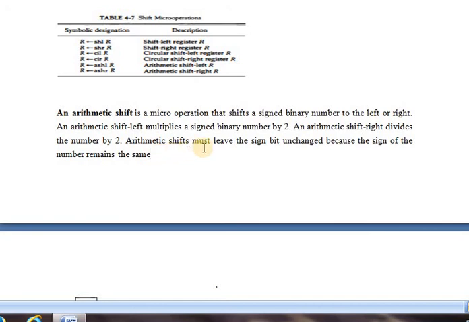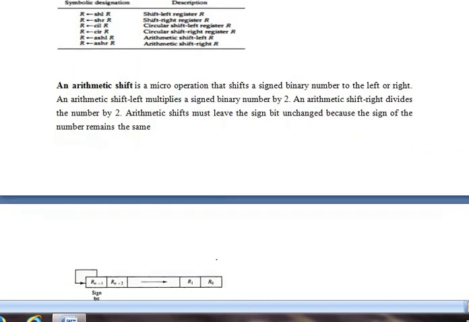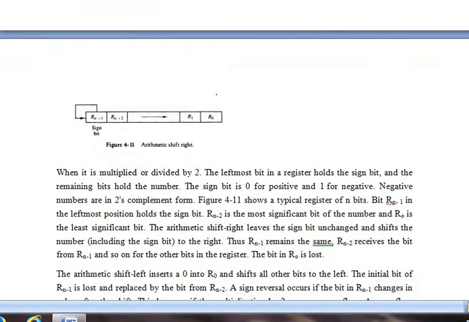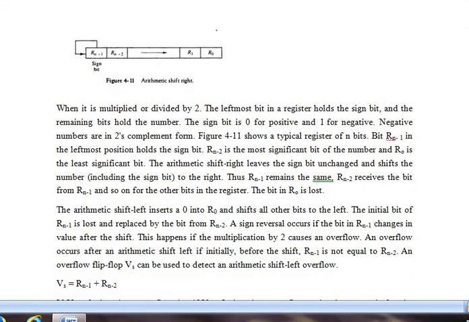Arithmetic shift must leave the sign bit unchanged, because the sign of the number remains the same. It should leave its sign bit unchanged because the sign won't change when you are performing division or multiplication. See here, this is the arithmetic shift left register and shift right register. See the arrow mark. This is the sign bit, which may be positive or negative.